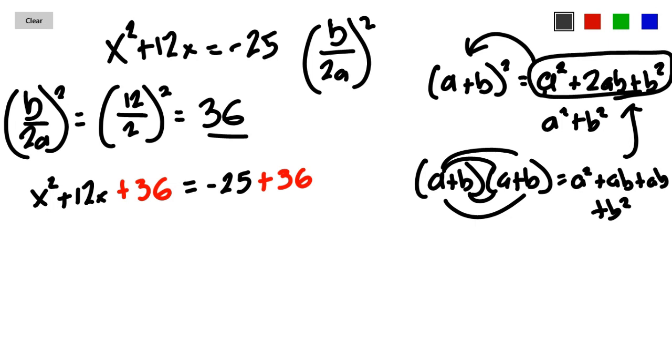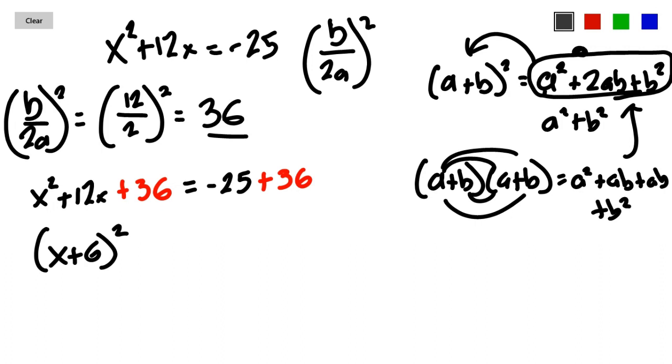So notice that I have the left side of the equation into this form right here. And so now I can use that equation that I have, a plus b squared is equal to a squared plus 2ab plus b squared, to convert the left side. So this converts into x plus 6 squared.